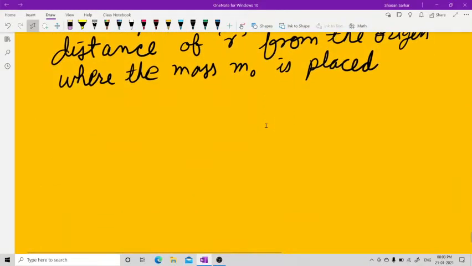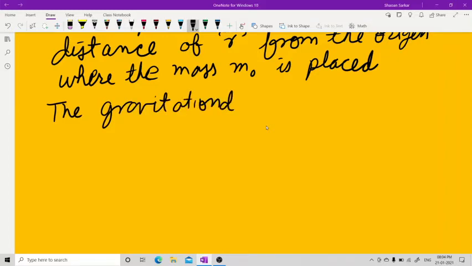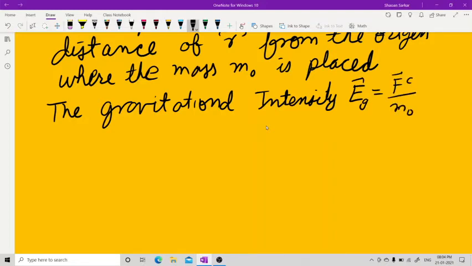Now the gravitational intensity. I talked about force; now let me talk about gravitational intensity. It is represented as EG, which is nothing but FC upon m naught, and this is minus G m.